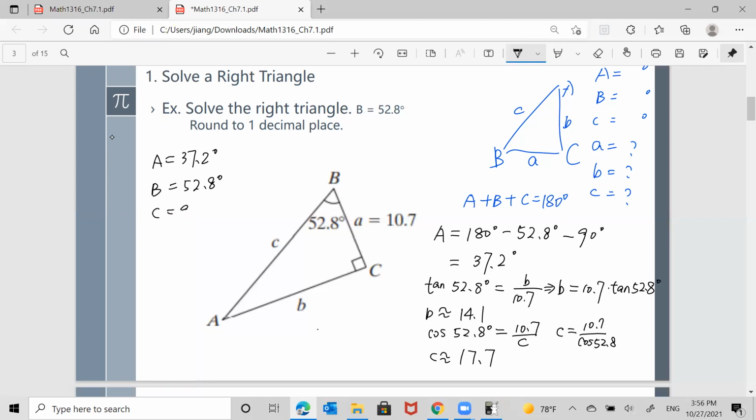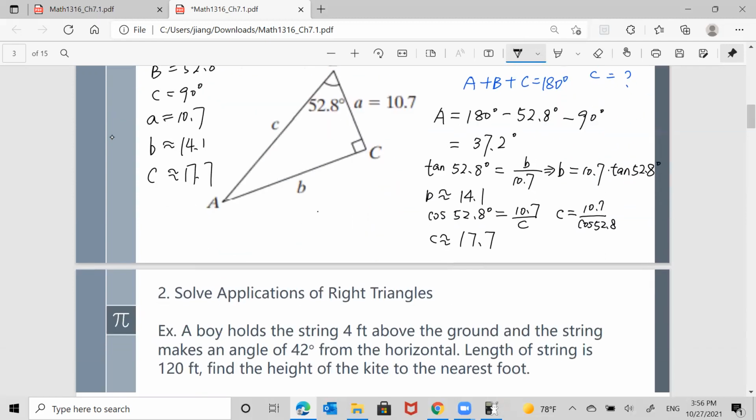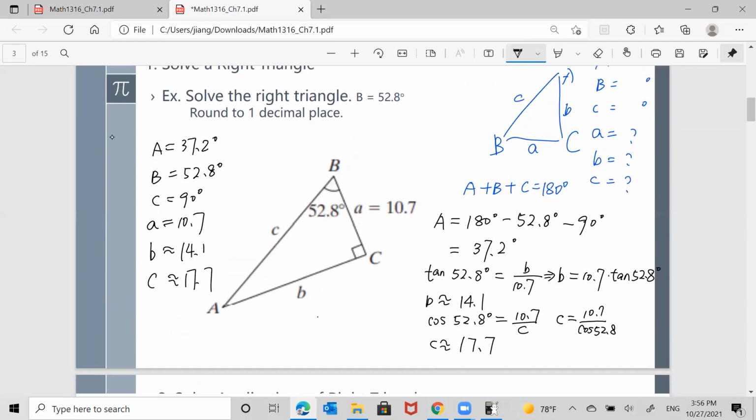C is 90 degrees. And a equals 10.7. b is about 14.1. c is about 17.7. Okay, that's the solution for the first example.